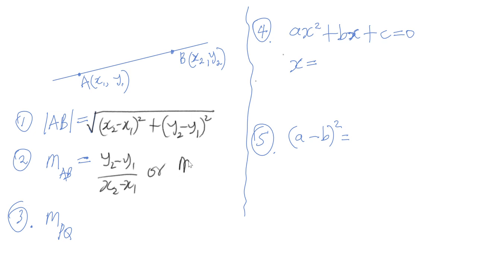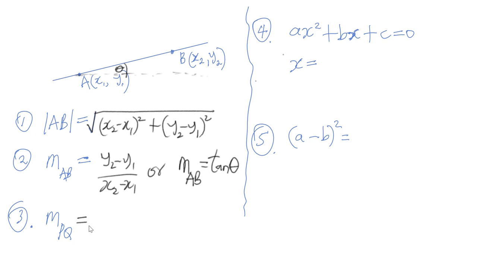Or you can use the formula gradient of line AB equals tan theta, where theta is the acute angle made by the straight line with the horizontal. That's what I've indicated there.